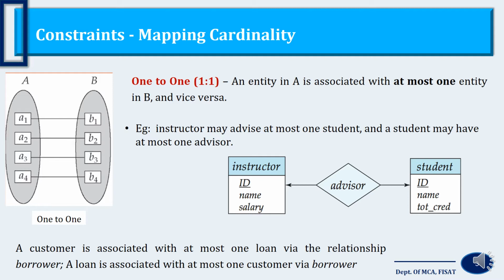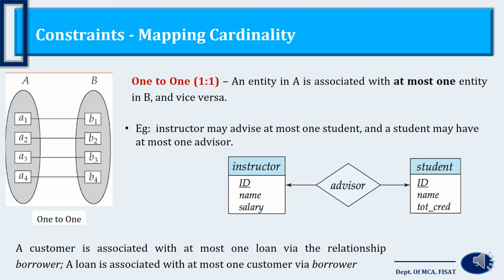Example: an instructor advises at most one student, and a student may have at most one advisor. So the relationship is 1:1. Another example: a customer is associated with at most one loan via the relationship borrower, and a loan is associated with at most one customer via the relationship borrower.